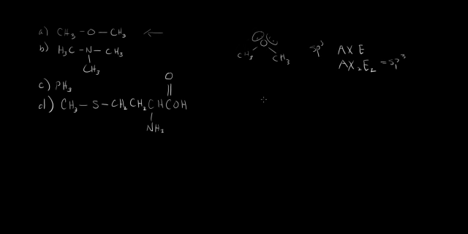B is going to look something like this most likely. You've got your nitrogen, and you've got these guys like this, H3C, H3C, and H3C. If you're drawing this with shapes it would be a little bit different, and we could do that in a second too.